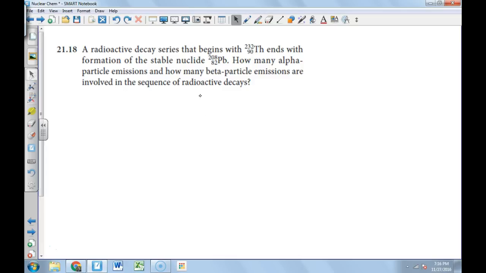So we're going to start here with thorium. I'm going to write that right here, thorium 90 and then 232. And I get it, you may say, well, Mr. Walsh, how do I know which side to write my alphas and which side to write my betas? Well, this is an alpha particle emission, and typically that's what you're going to see, and beta particle emissions.